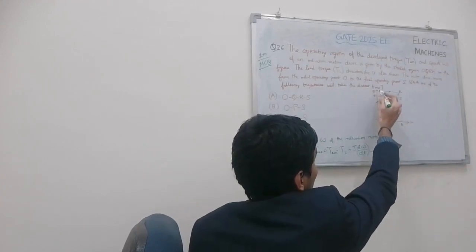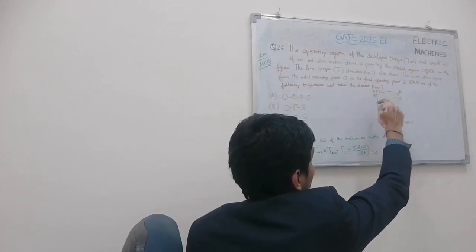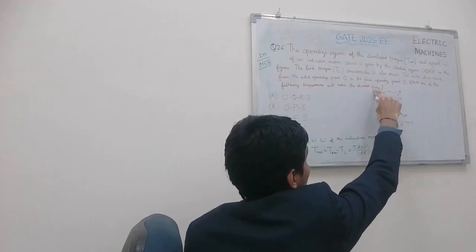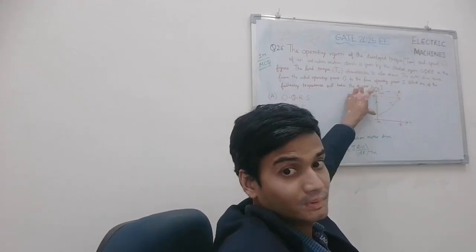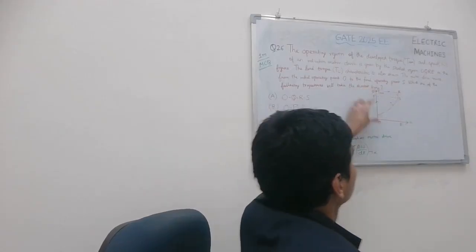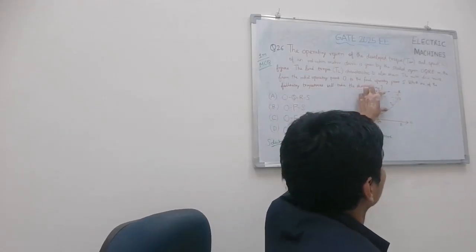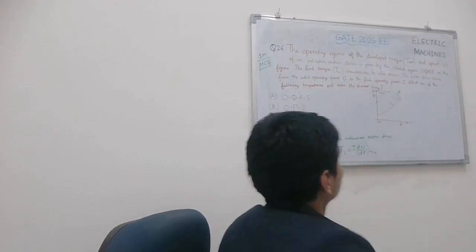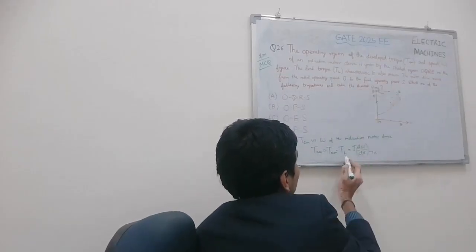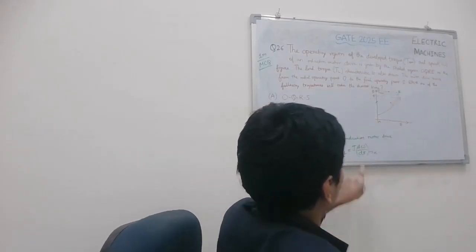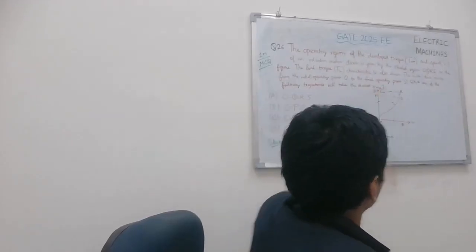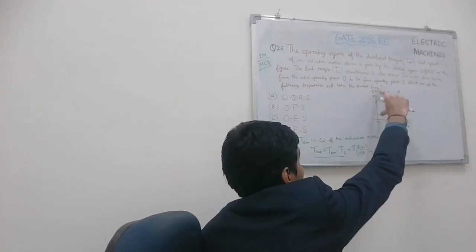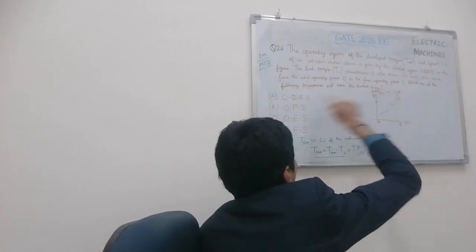Beyond this point we move along OQ, because T1 minus the load torque, the net torque, becomes very large for OQ.